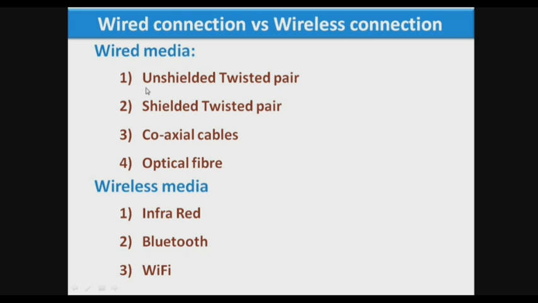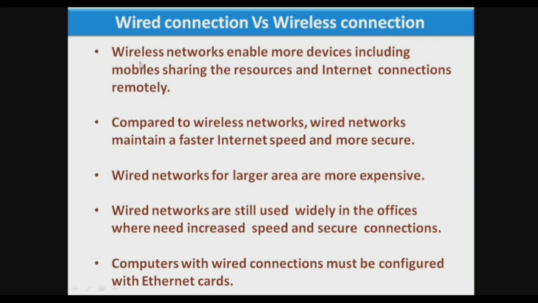These are examples for wired media, that is wired connection of network. Whereas infrared waves, Bluetooth, Wi-Fi, these are examples for wireless media, that is connection of computers and other devices without wire. Let us see the difference between wired and wireless connection.